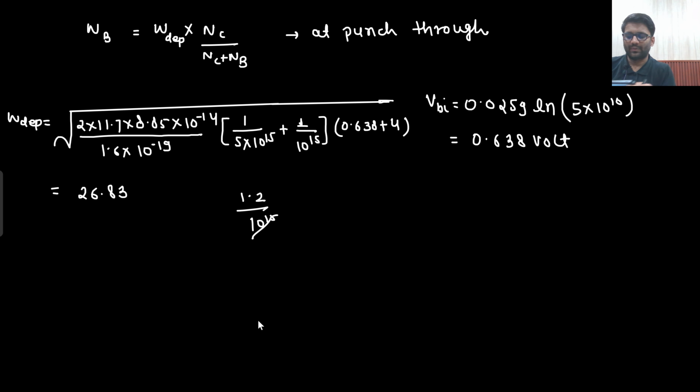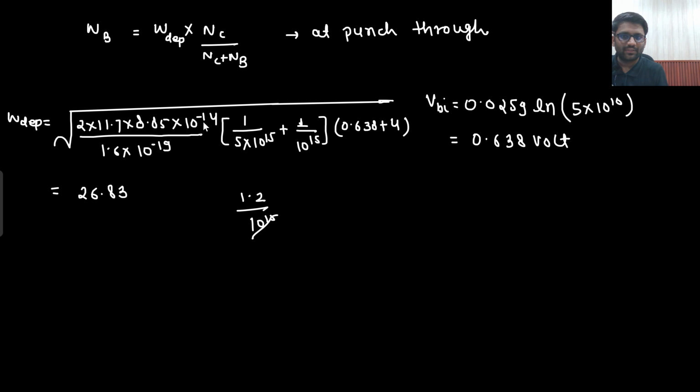Again we have to do the calculation, 2 into 11.7 into 8.85, 2 epsilon by q divided by 1.6 into 1.2 into 4.638, then oh, 10 to the power minus 5 is also outside.